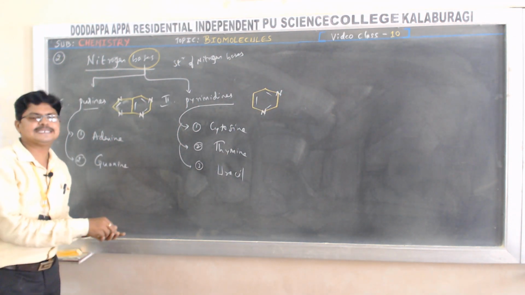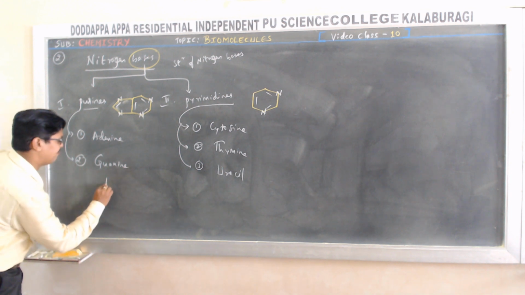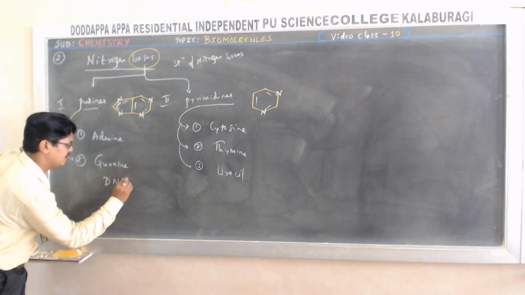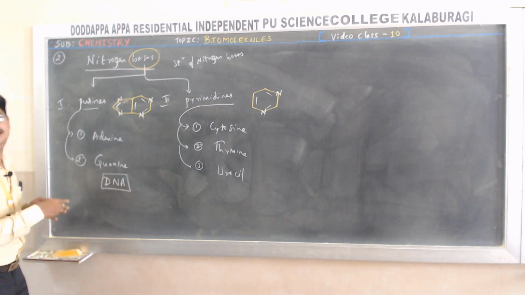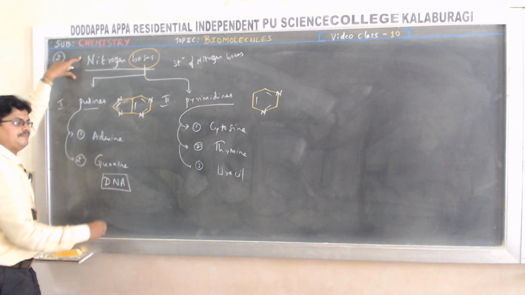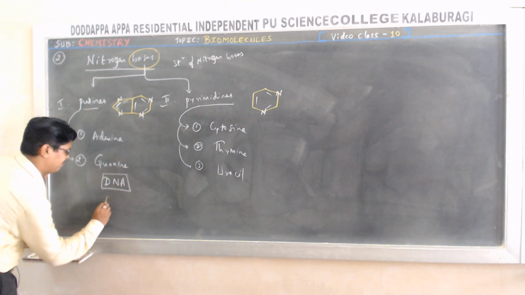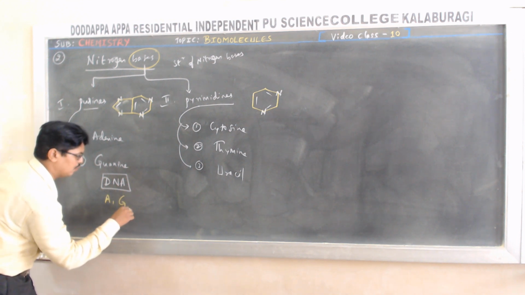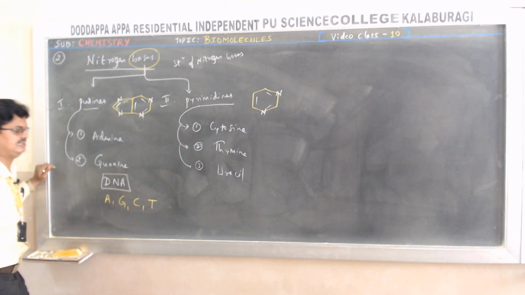So now students, in case of DNA, what are the nitrogen bases present in DNA? DNA consists of adenine, guanine, cytosine and thymine.